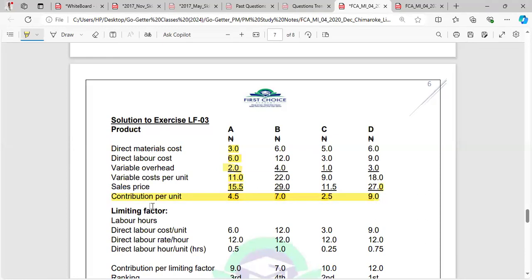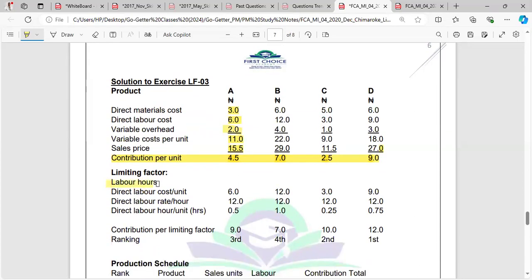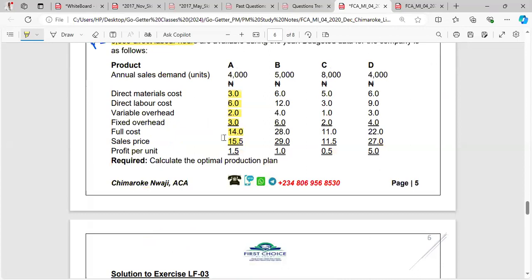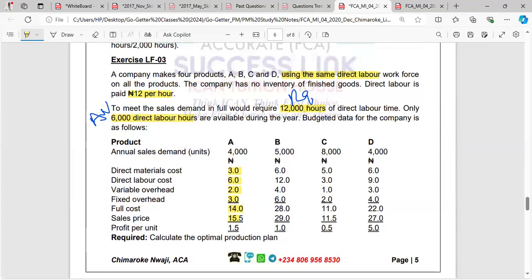Number two, you have identified the limiting factor, and we said the limiting factor is labor hours. So the next thing to do is, what is the labor hour per unit? You were not given labor hours per unit here. What we have is direct labor cost per unit, and we have labor cost per hour.